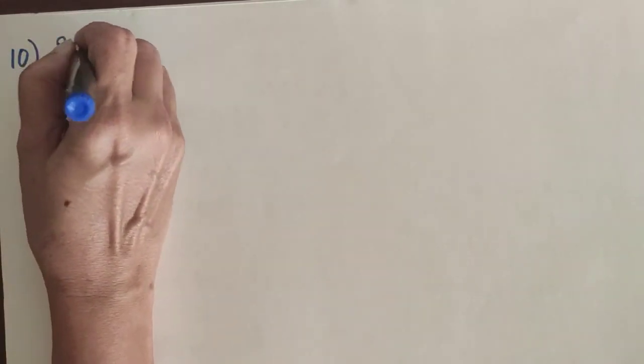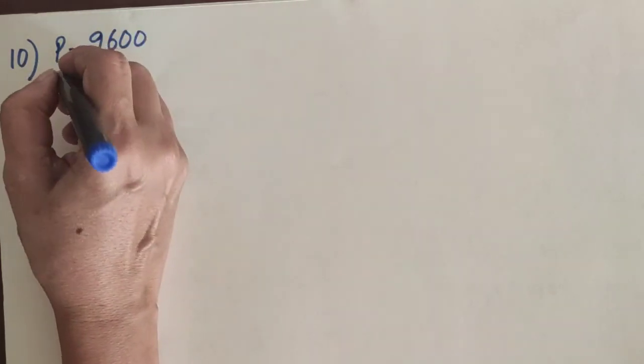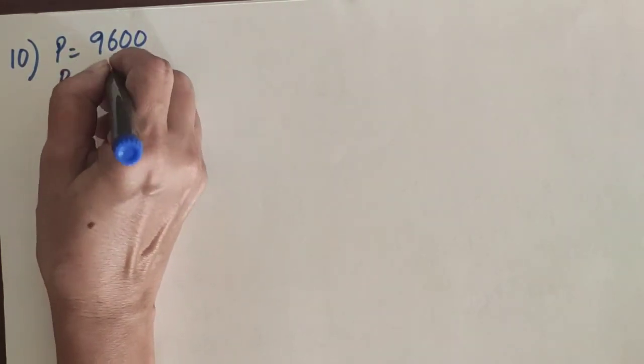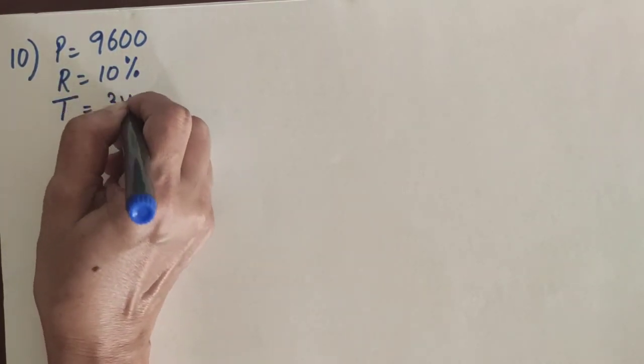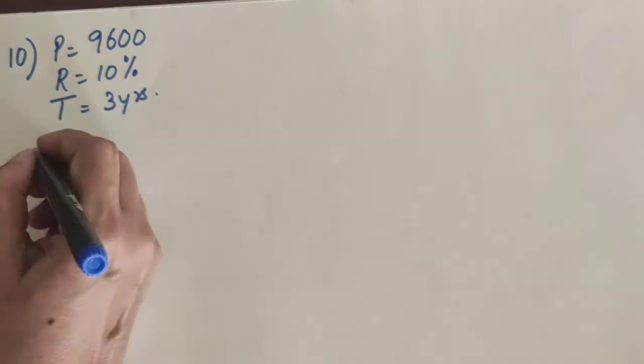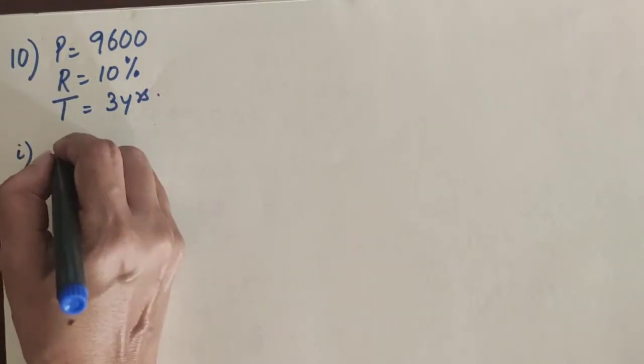A man invests rupees 9,600 at 10% per annum compound interest for 3 years. So the principal here is 9,600. Rate of interest is 10%. Time is 3 years. Now what you have to find first is the interest for the first year.